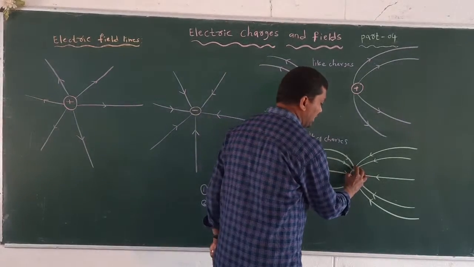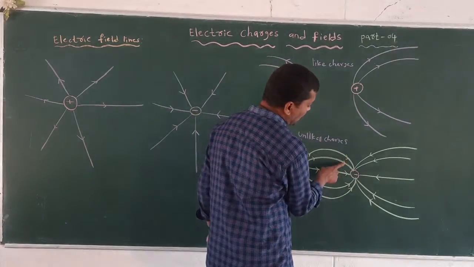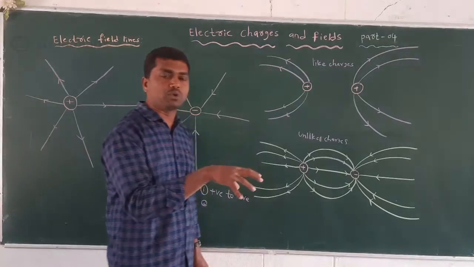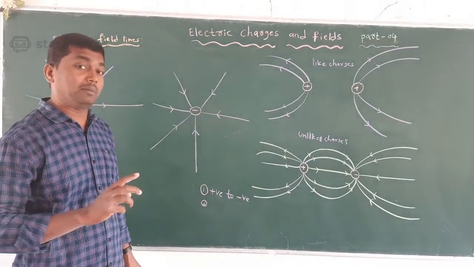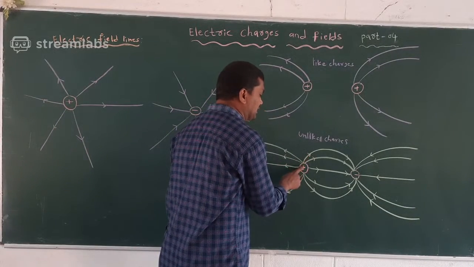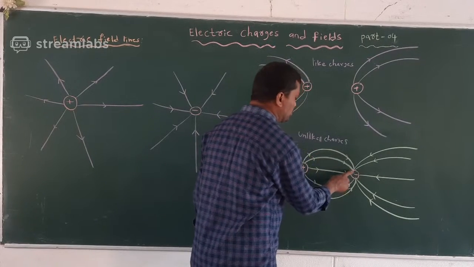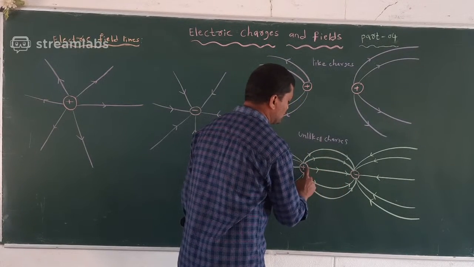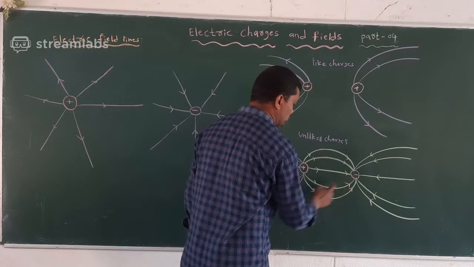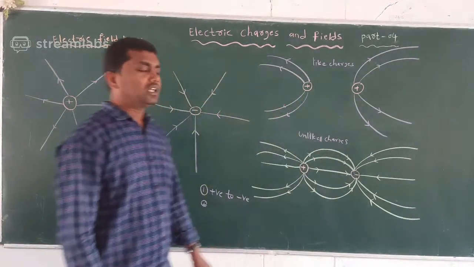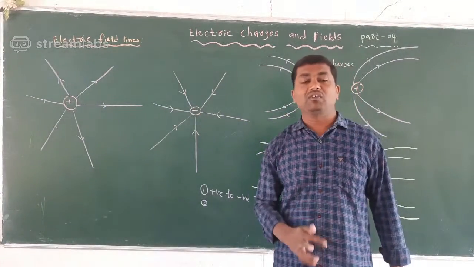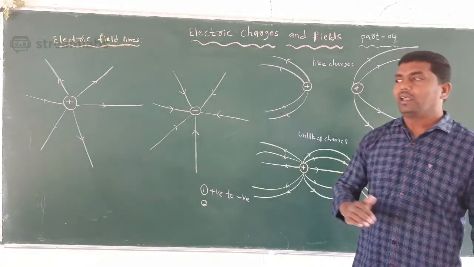In the same manner for the negative charge, all the arrow marks, all the field lines, approach the negative charge. In the total figure, the electric field lines go from positive charge to negative charge. So the first point is that when we draw electric field lines, they point from positive charge to negative charge.